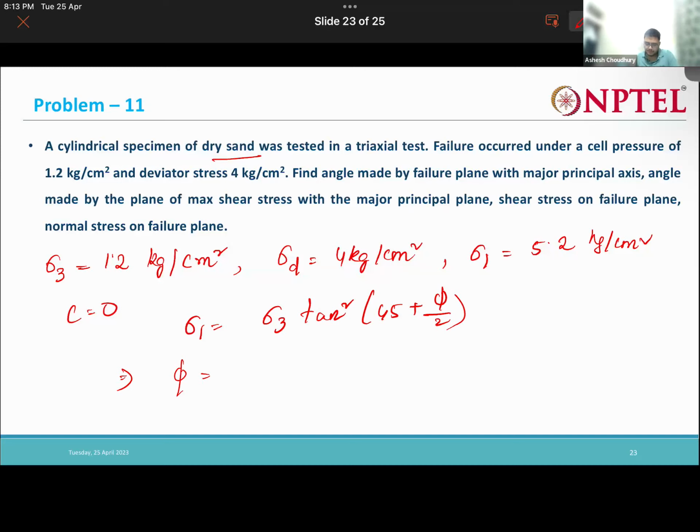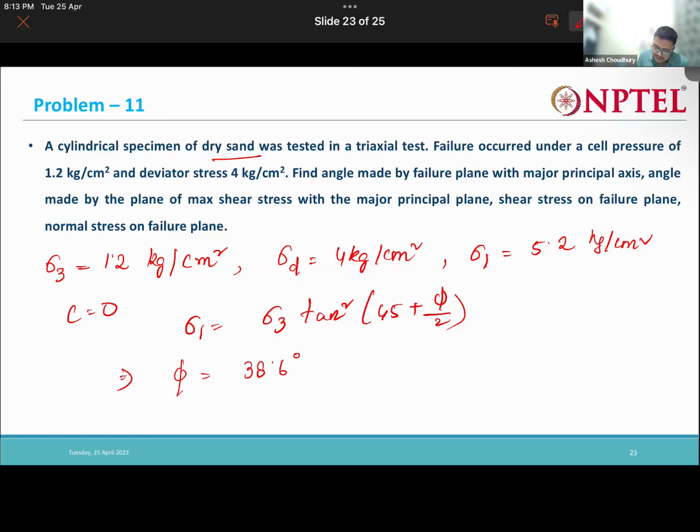Friction angle of the soil. It's 38 degrees, 38.6 degrees.